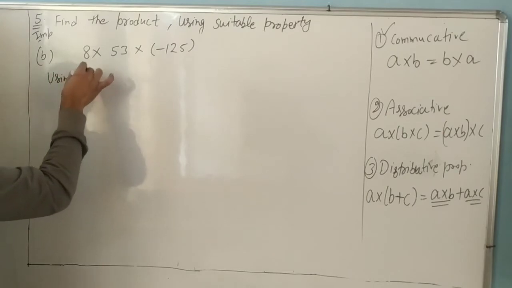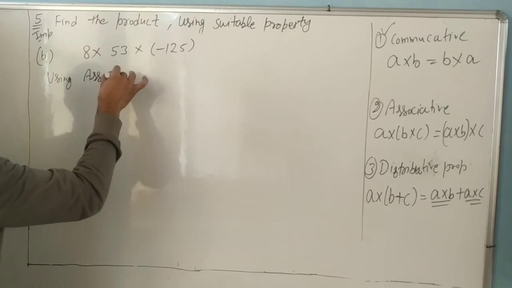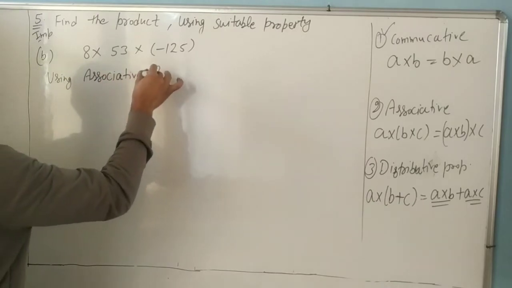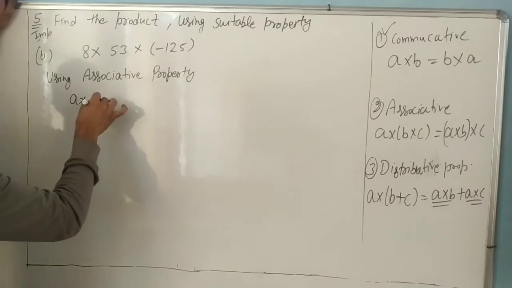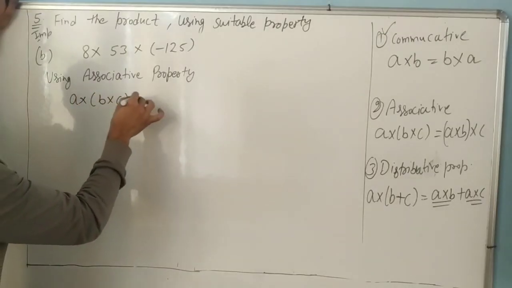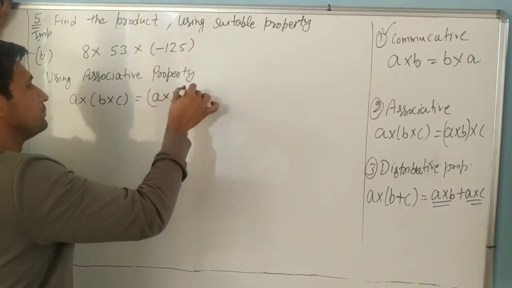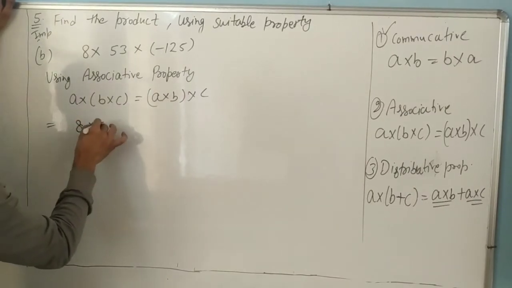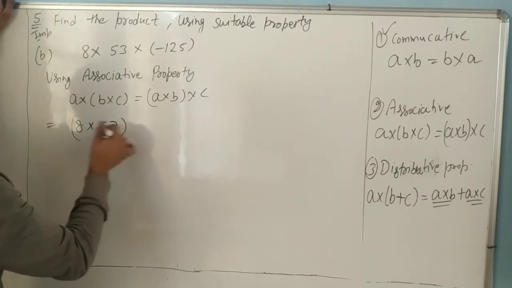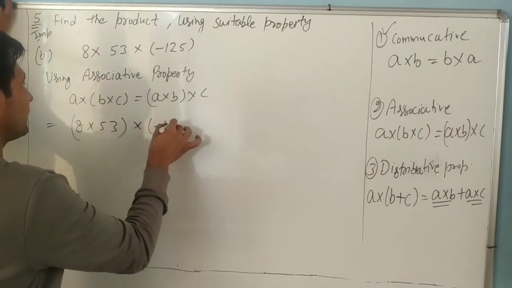So we will write using associative property, and you will write always property A into B into C. Whether you multiply the last two numbers or the first two, A into B into C. So you can write 8 into 53 first, then multiply by minus 125.